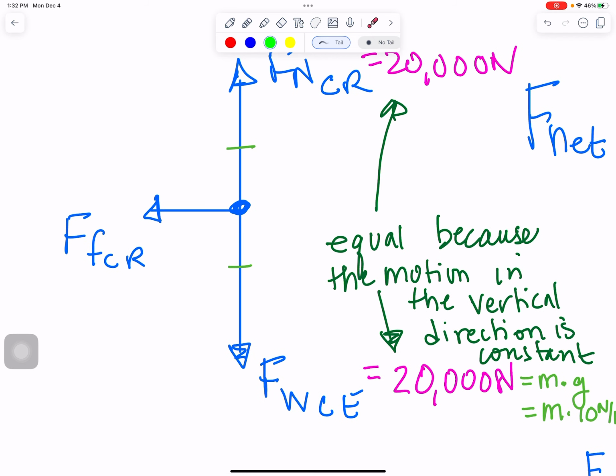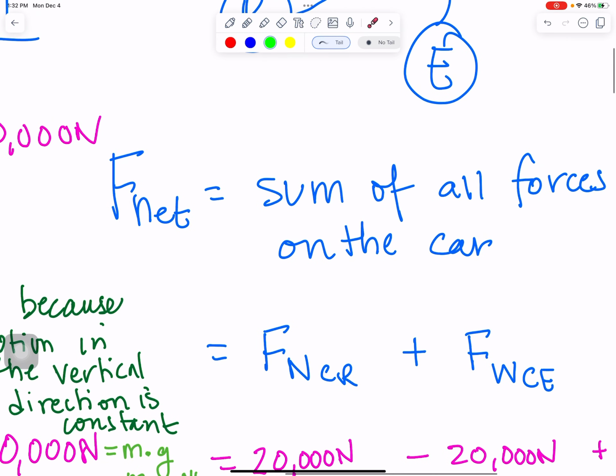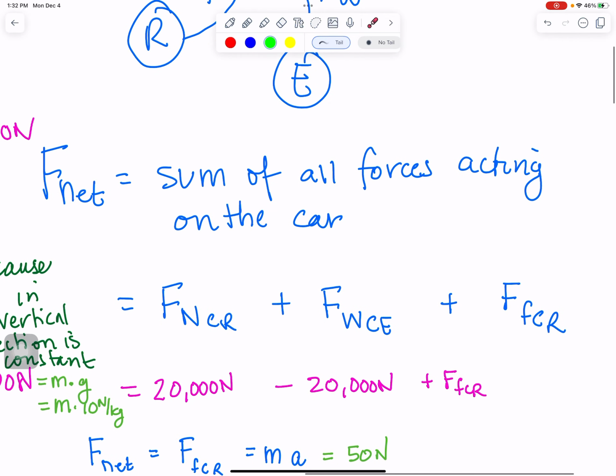So when I look at the net force, I add up all the forces. So the net force is the sum of all the forces on the car, and I know that it is the normal force plus the weight force plus the force due to friction. Three forces, I just add them all up. Now, when I think about it, I know that the weight force is 20,000 newtons, and that's acting down, so I subtract.